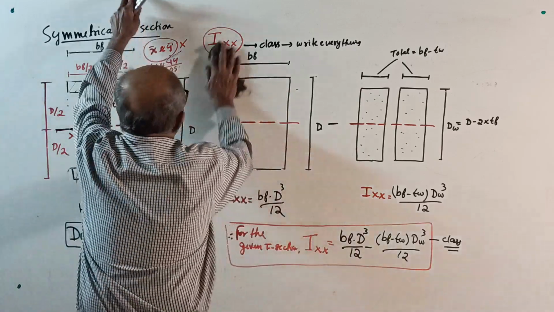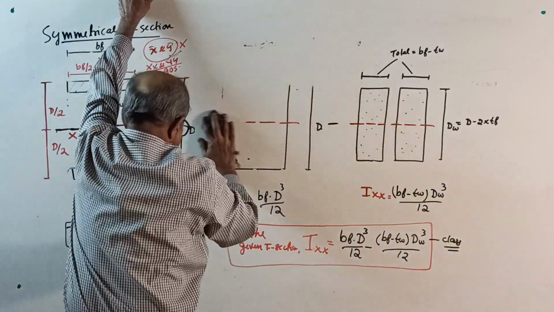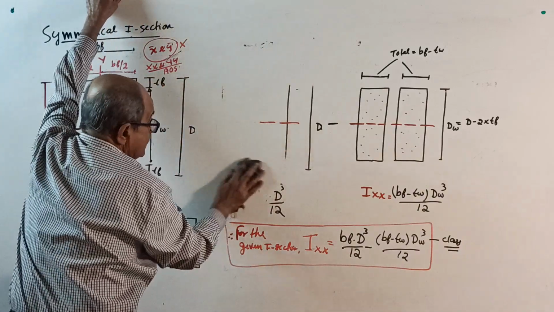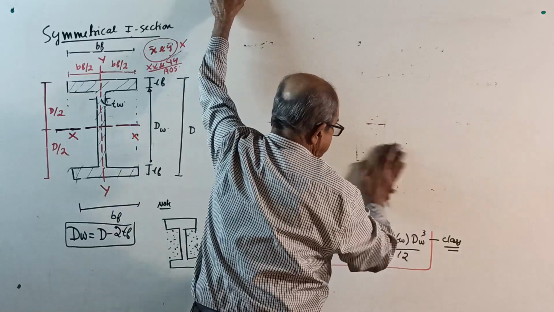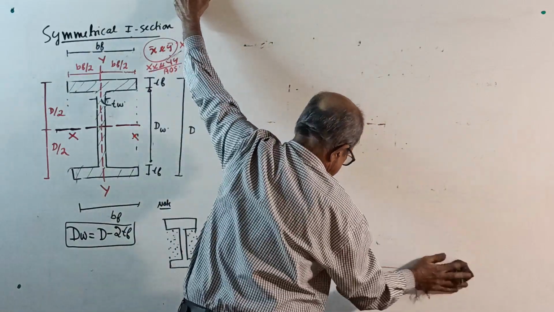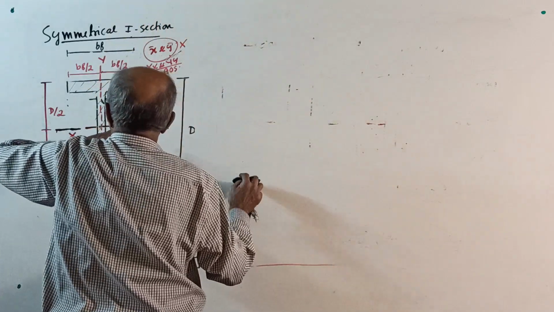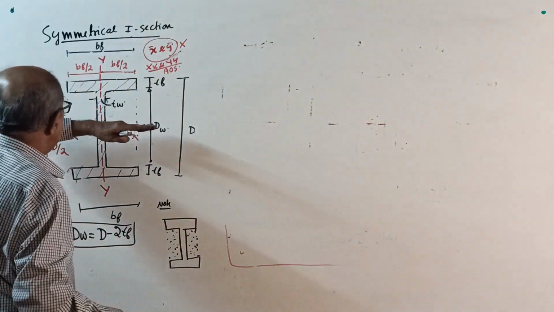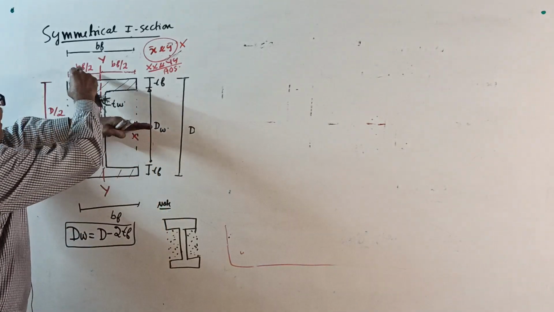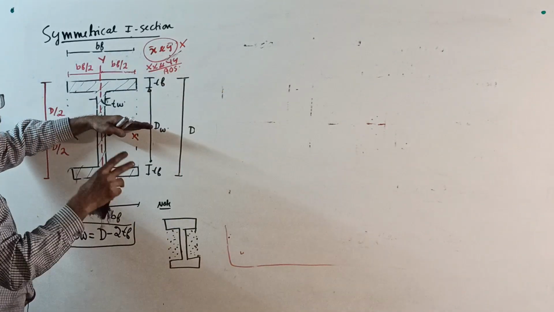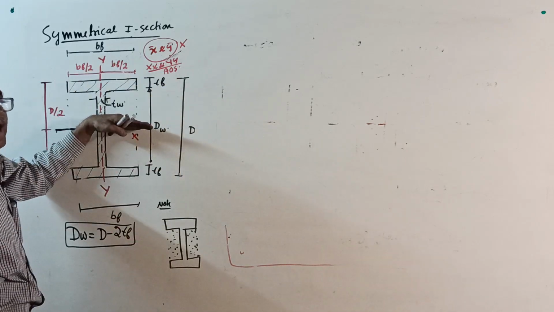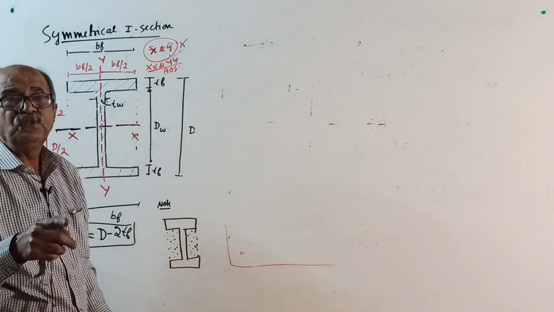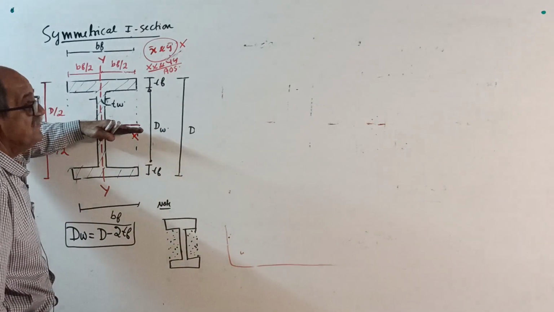Now, immediately I will tell I about YY. This theory is not applicable for I about YY, and there is a reason. Note this down: when you find I about XX, both the full outer rectangle and the empty rectangle are symmetrical about XX.